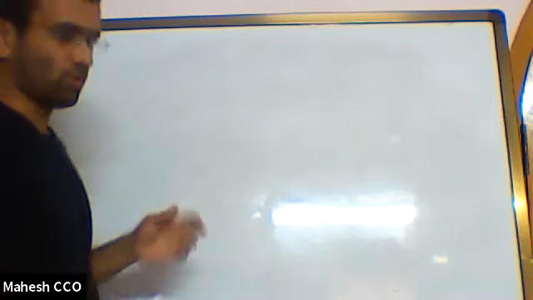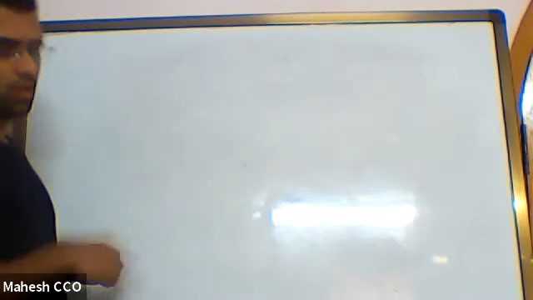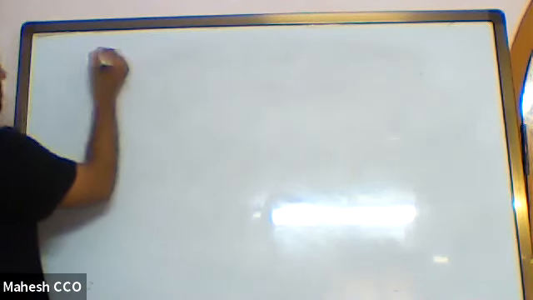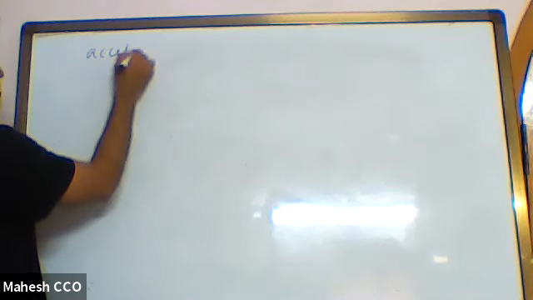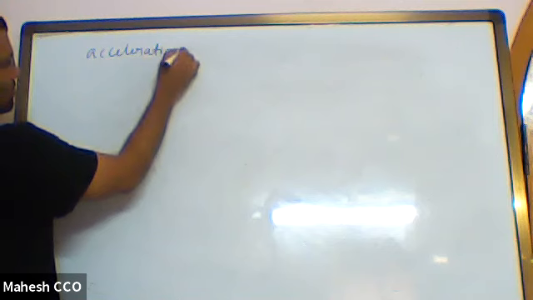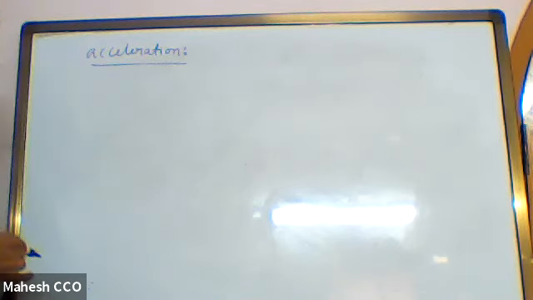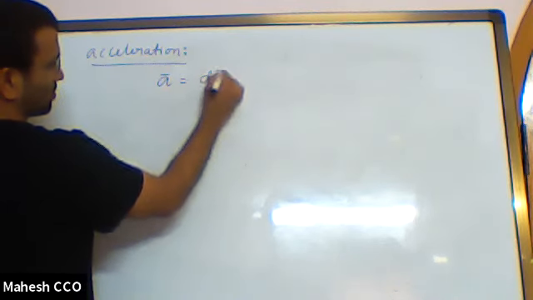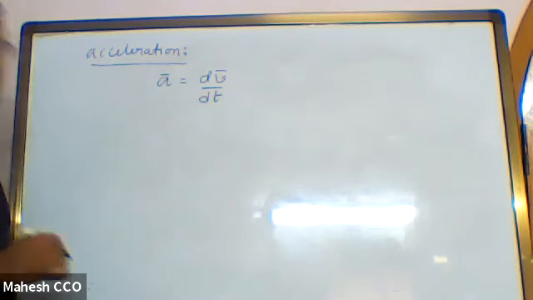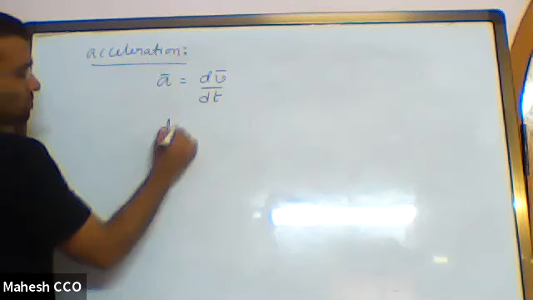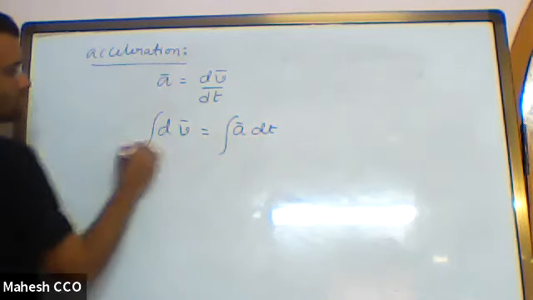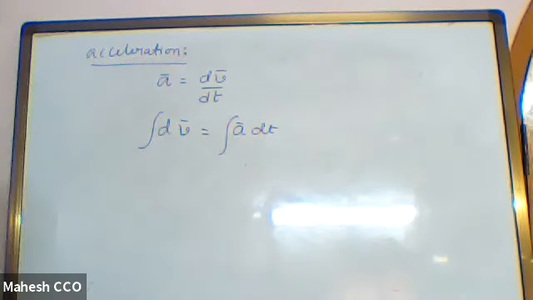So if some of you are a little confused about acceleration, let me just discuss that. Acceleration, by definition, a bar is equal to dv bar by dt, and dv bar is equal to a bar dt integral.